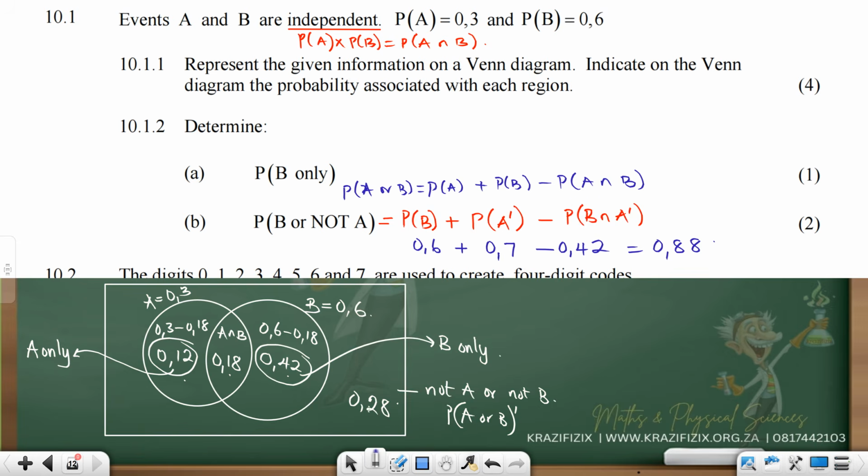I'm looking for what is common, right? Yes. What is the probability of B? This is just probability of B. Are you with me there? Yes, sir. Okay, what about not A? Not A is everything else. Do you notice the 0,28 is not A, but it's not part of B? I'm looking for intersection. This is the only thing that is common.